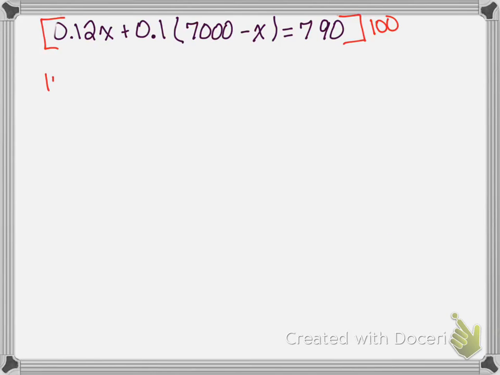So I have 100 times 1200ths x. Then I have 100 times 1/10 times 7,000 minus x. Okay?